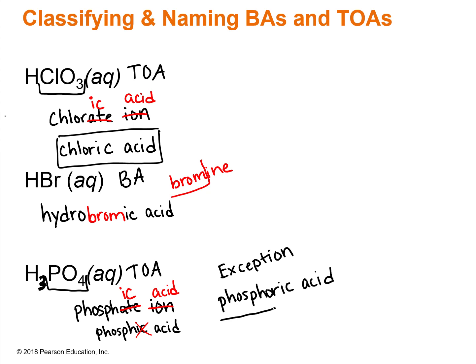Phosphoric acid. Sulfur is another example. H2SO4 is sulfuric acid. So I just wanted to throw that in here for your own knowledge. On the exam, I'm not going to throw you any curveballs like this.